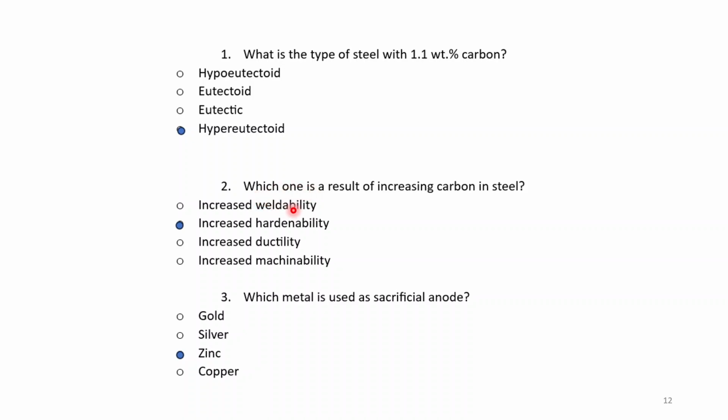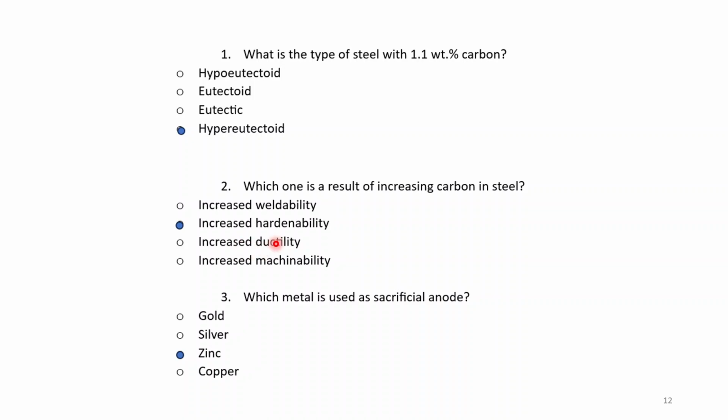But weldability, so if your material has higher percentage of carbon, then welding becomes very tricky, because if you're welding your material, then in adjacent regions your material will turn into martensite. So because of that, there will be a lot of distortion in material and a lot of heat affected zone. So this will lead to the variation in properties in your material along with the weld. And increased ductility?